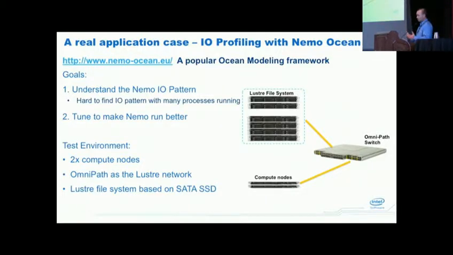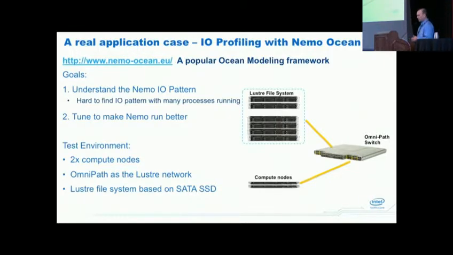A few of those engines would be ocean water, sea ice, things like that. This application really is a black box to me and to perhaps others, so we're going to try to use those tools to see what it's doing.